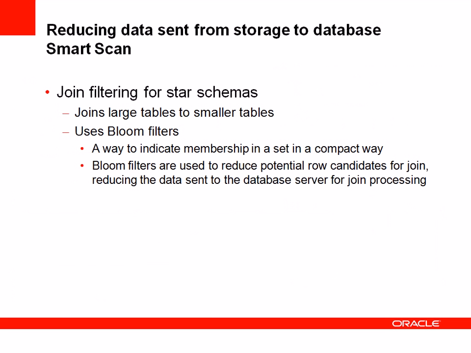A Bloom filter is basically a way of building a list of values in a very compact space. So you take this list of values and use that as the target of an in clause. Essentially, if you have 1,000 rows with 1,000 different values that could be used in a join, those 1,000 values will be reduced in size into a Bloom filter, sent as part of the metadata to the Exadata storage server, and it will use that predicate and apply it on the Exadata storage server.